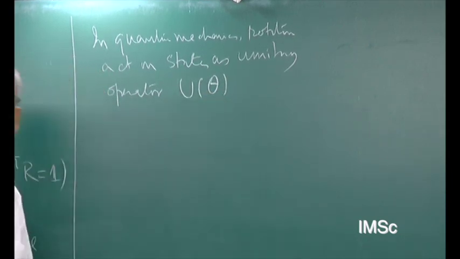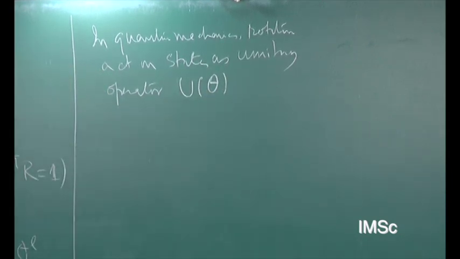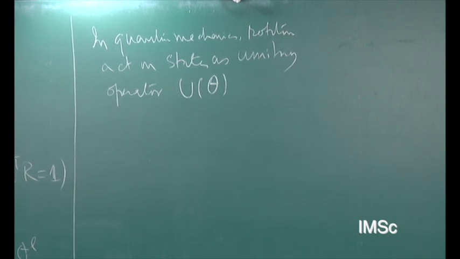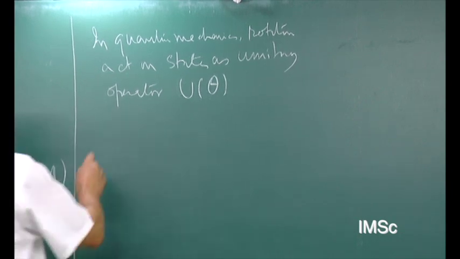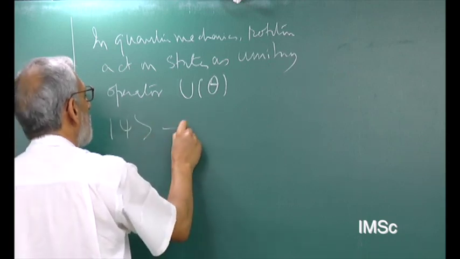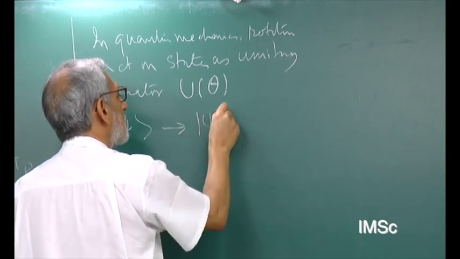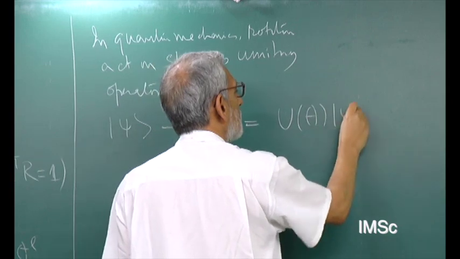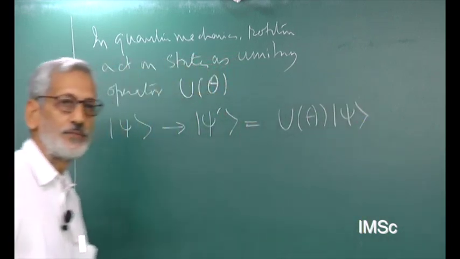Theta is the collective name for these three parameters of rotation, theta 1, theta 2, theta 3. So a state psi under rotation becomes a state psi prime, which is U(theta) times the original state.